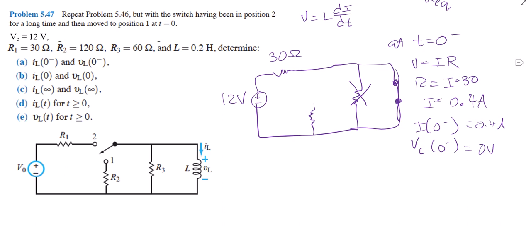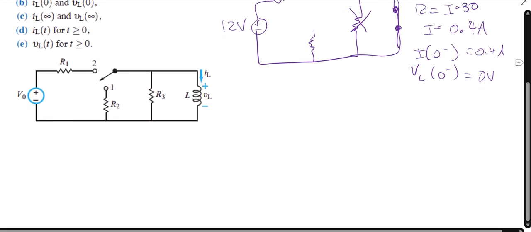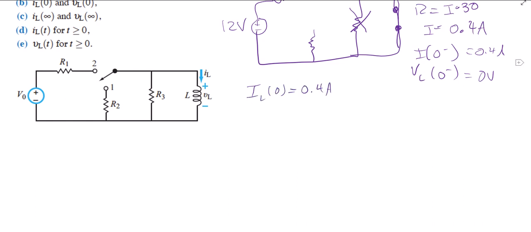Now we want IL of 0 and VL of 0. Well, IL of 0 is easy. We know that IL of 0 has to be 0.4 amps because it can't change. VL of 0, however, can change, and we want to find that from our new circuit.